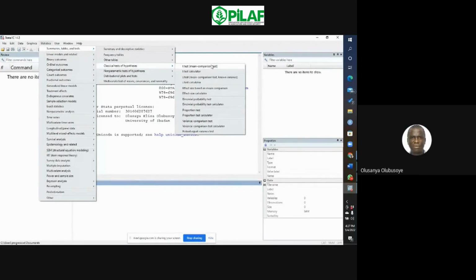What Stata version are you using? Version 13. Version 13 doesn't have it too. Yes, Prof. Okay. So you need to step up. Will you upgrade?